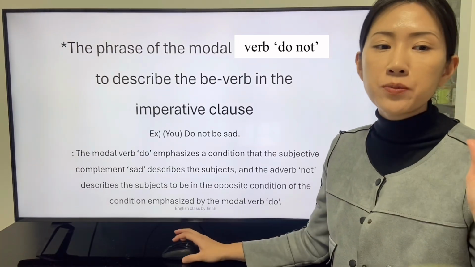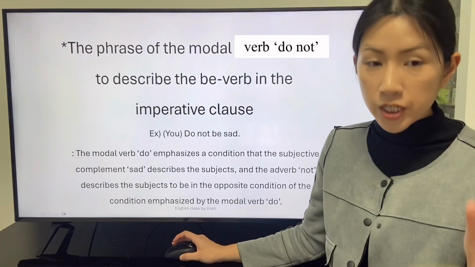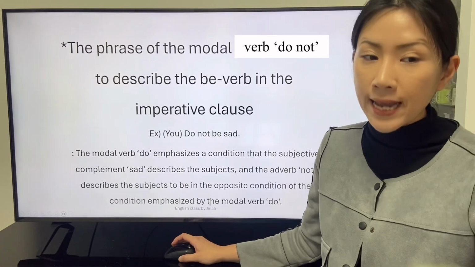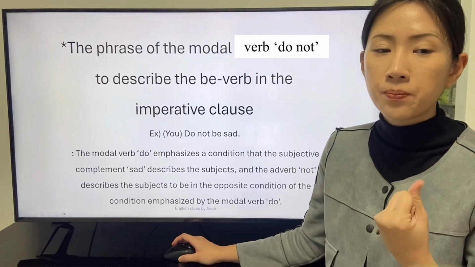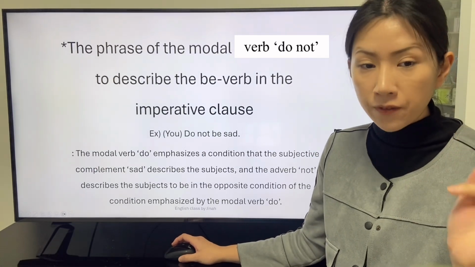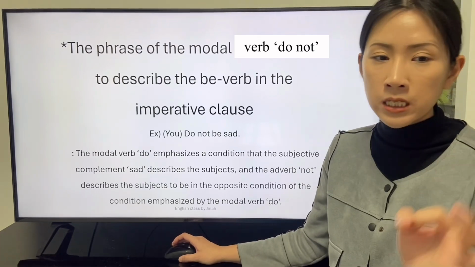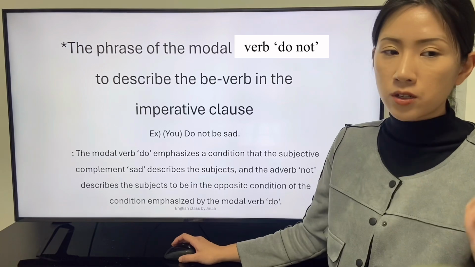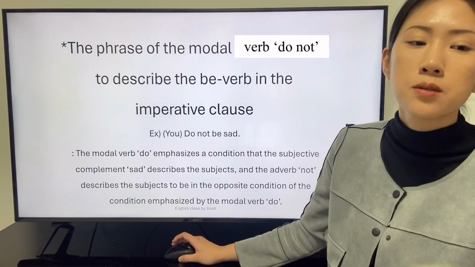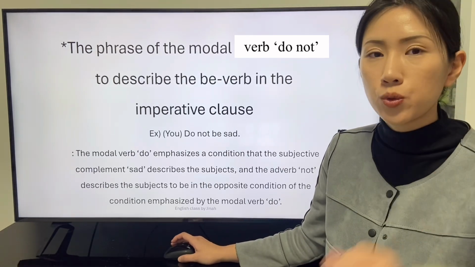The modal verb do emphasizes a condition in which the subjective complement describes the subject. And the adverb not describes the subject to be in the opposite condition of the condition emphasized by the modal verb do.